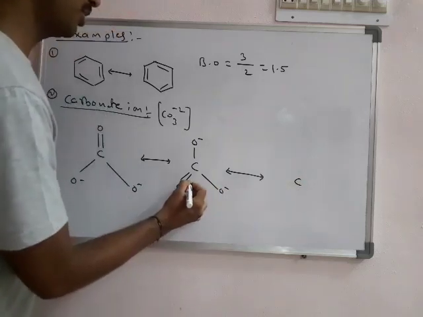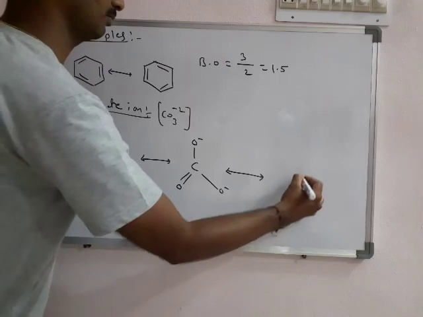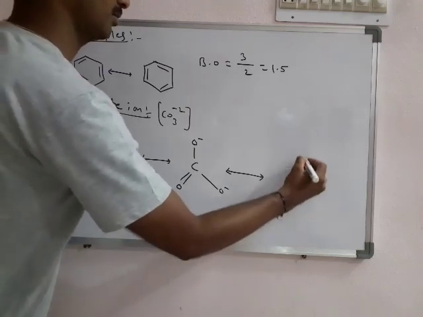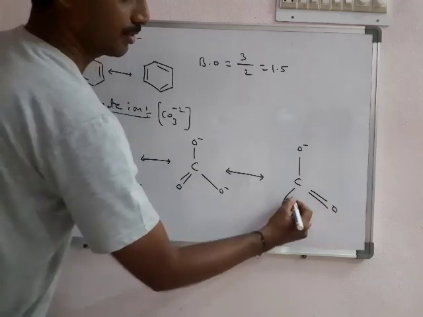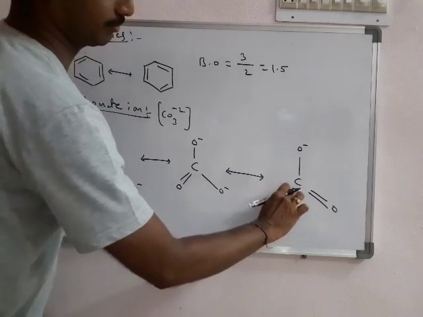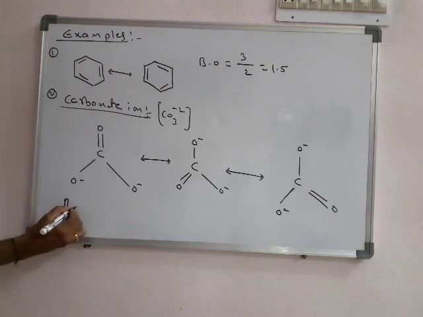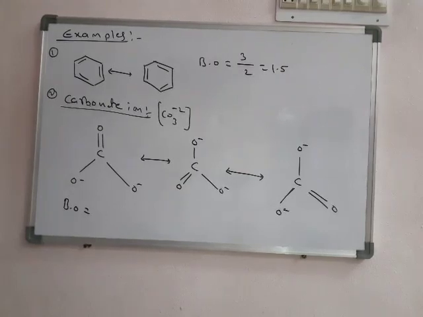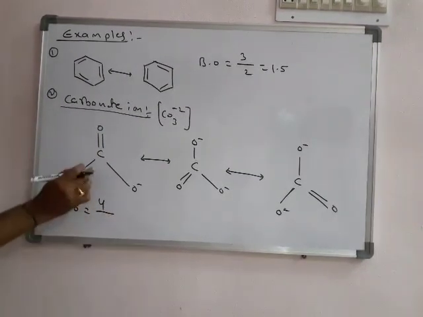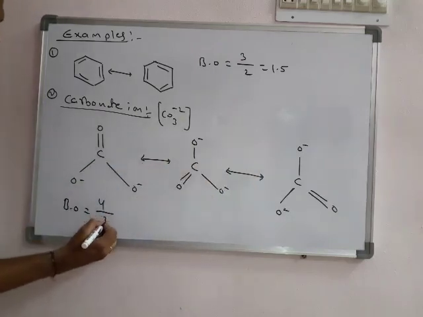So it is shifted to here, O minus. The shape is trigonal planar. But what is the change? Only the pi bond position is different. So what is the bond order between carbon and oxygen? Each carbon has how many bonds with the oxygen atoms? 1, 2, 3, 4. Total 4 bonds are present. How many resonance structures? 1, 2, 3 resonance structures. So approximately the bond order is 1.3.